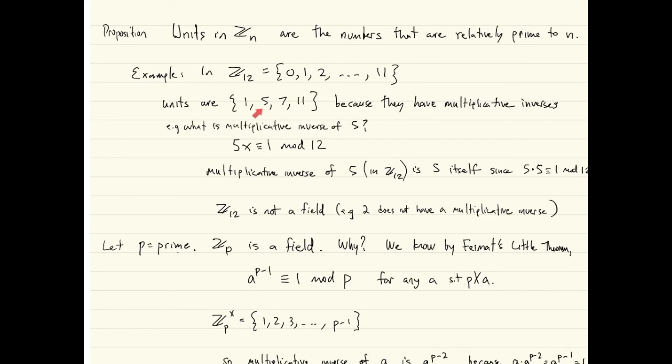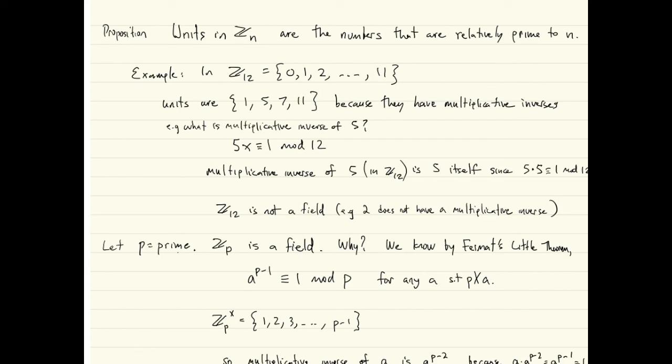You might say, well, isn't the multiplicative inverse of 5 equal to 1/5, and 1/5 isn't in here? Well, sort of. What does 1/5 mean? In some sense, it's a number x so that 5 times x equals 1. But we want this to equal 1 in this ring, where 1 is actually 1 mod 12. And so there is such an x in this set, such that 5 times x is equal to 1 mod 12.